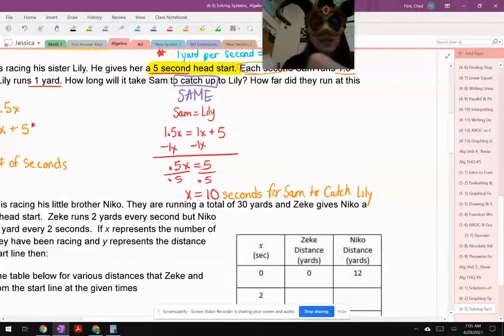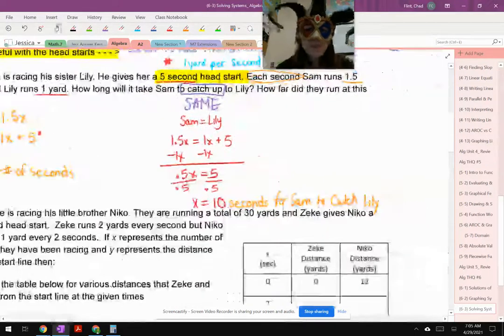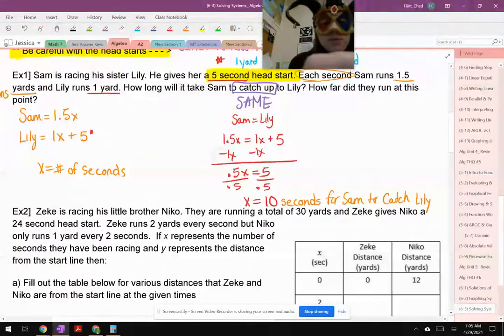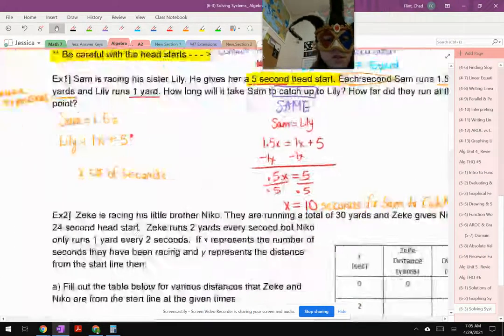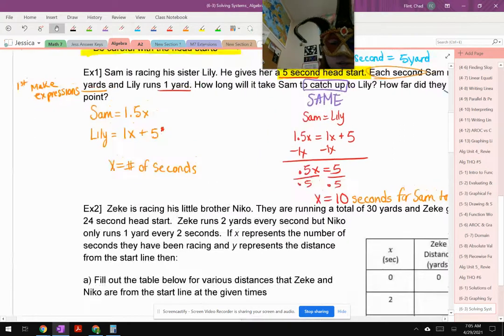All right, so that's not the only question this was asking me, though. It was also asking me how far did they run at this point. So if they're running for 10 seconds, 10 is x, let's plug that into one of the expressions. We can use either expression.